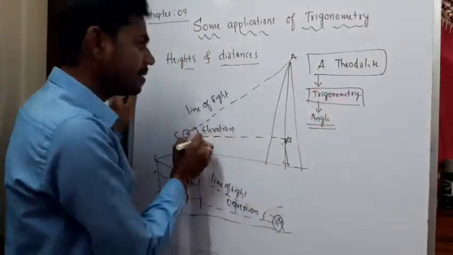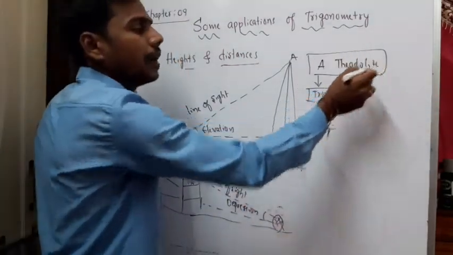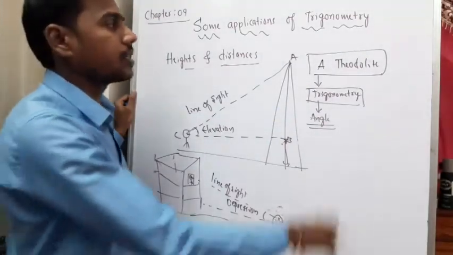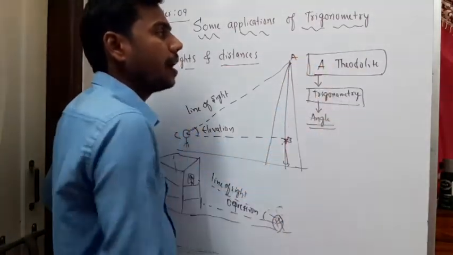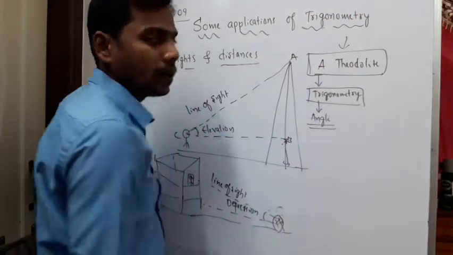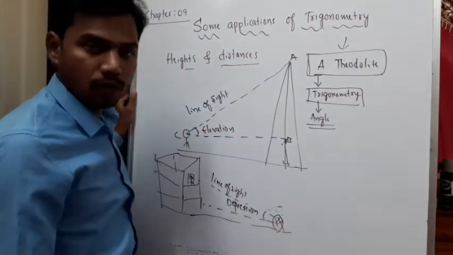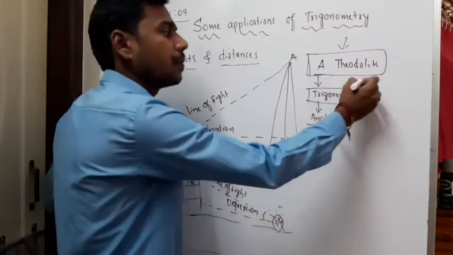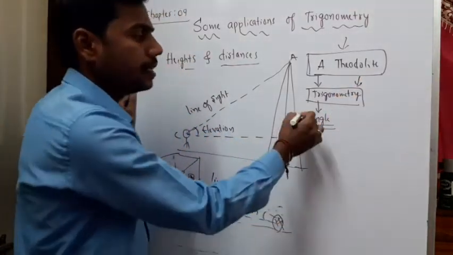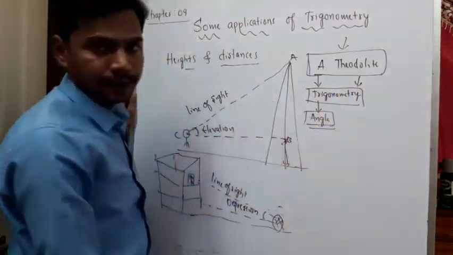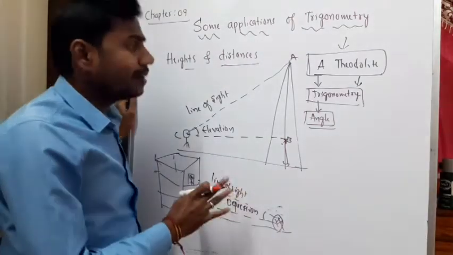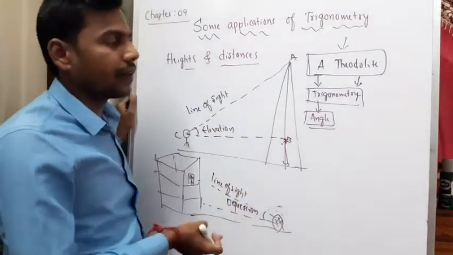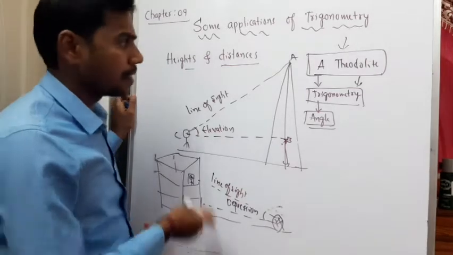So to find this angle, we are going to make use of a theodolite. Even if you go to a surveyor, they will explain how a theodolite works and what the working principle is. It works on the principle of trigonometry and it is used to measure an angle. Fine. So with this understanding, we are going to solve a few examples. Please note this down.